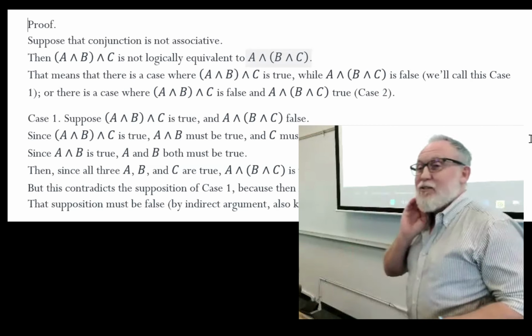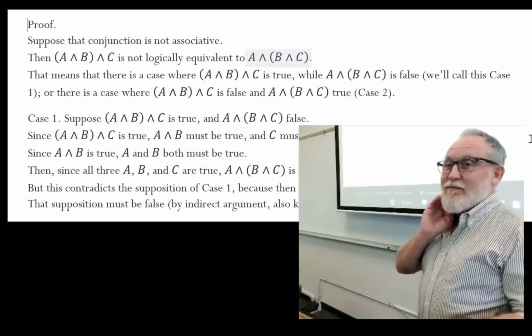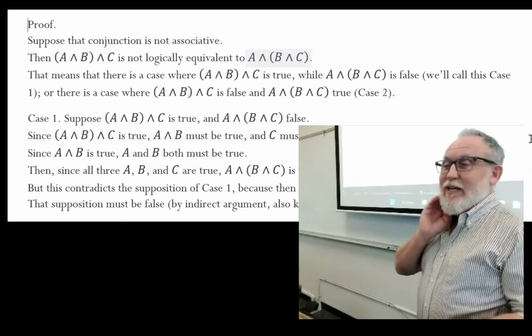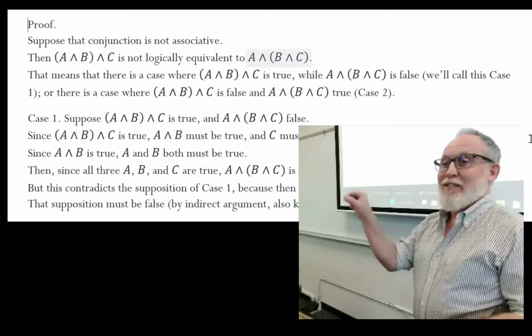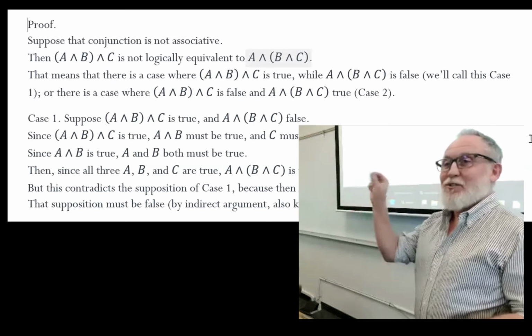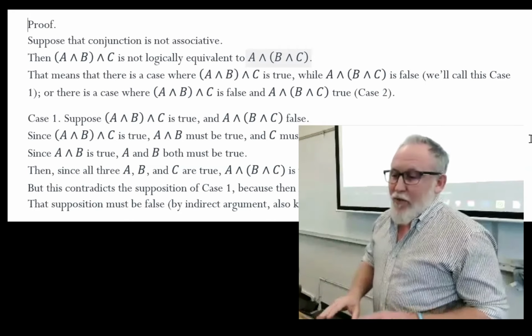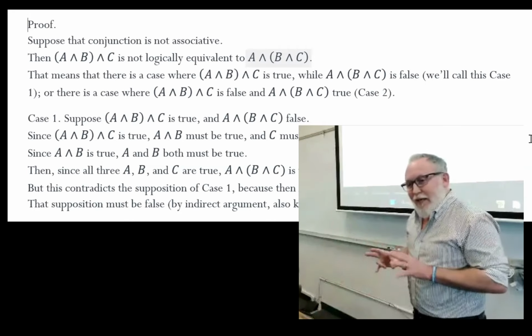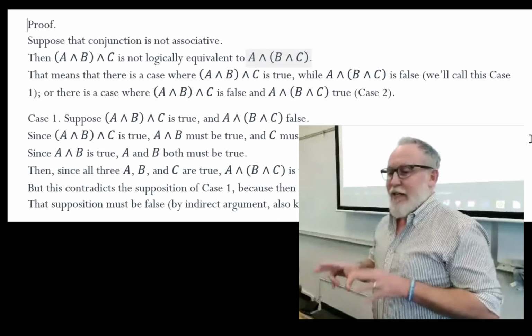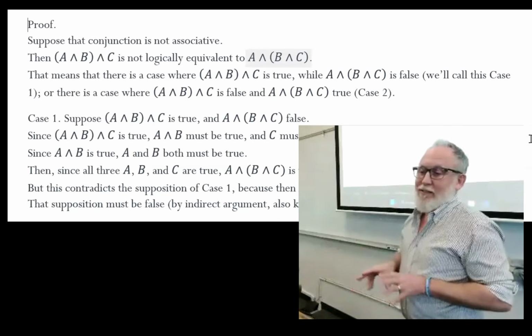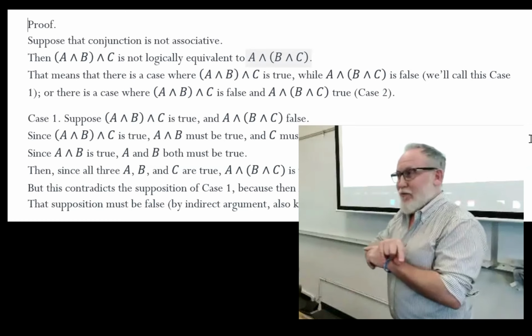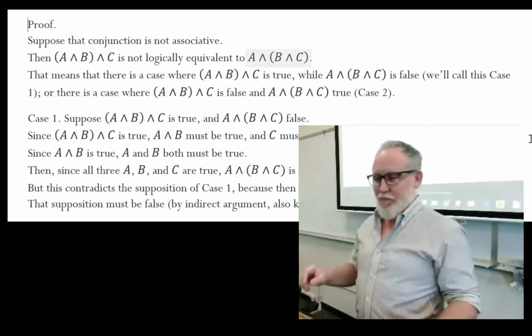We'll call this case 1. That's a potential counterexample. Or there is a case where both A and B and C is false, and A and both B and C is true, the other way around. The truth value is the other way around. We'll call that case 2.